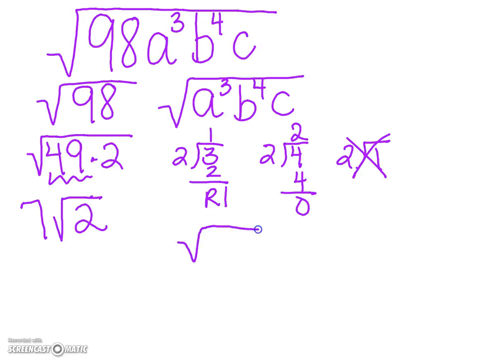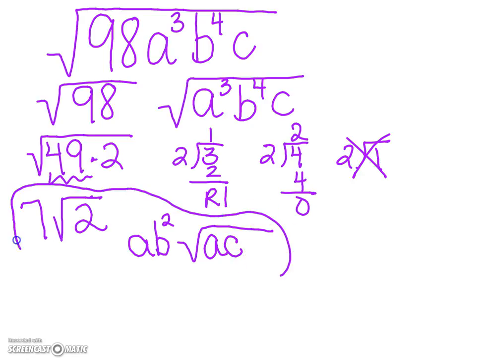So here, for my a, 2 could go into 3 one time with the remainder of 1. 1 comes out, 1 stays in. So whatever the remainder is, that tells you how many of that variable has to stay in. For my b's, 2 can go into 4 2 times. So 2 b's come out. The remainder is 0, so there are no b's on the inside. For your c, 2 cannot go into 1, so the c has to stay in.